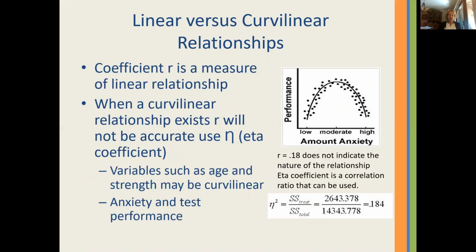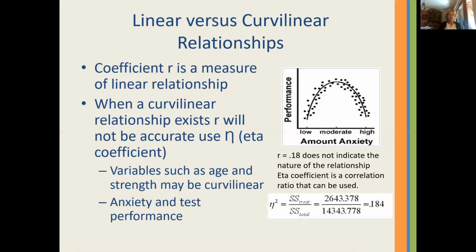So you have to use the eta coefficient. Those might be variables such as age and strength. As a person gets older, they get a little bit stronger. And then as they become elderly and there's a decline in strength, it goes back down. So that's an example of a curvilinear relationship.